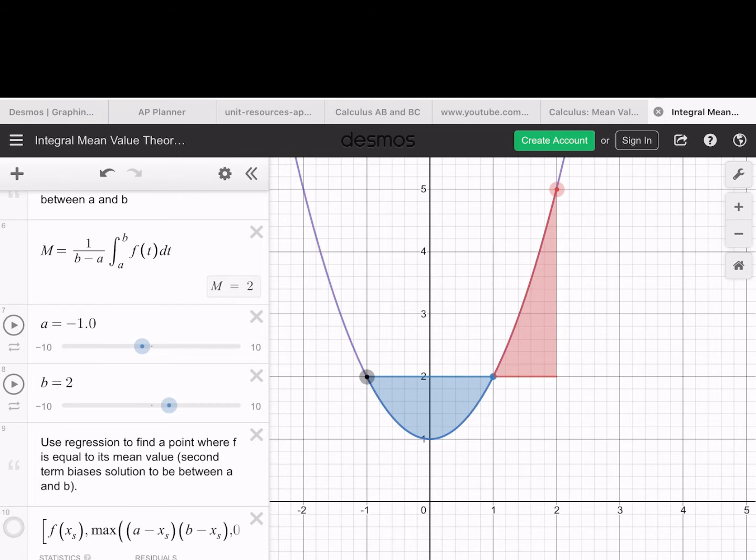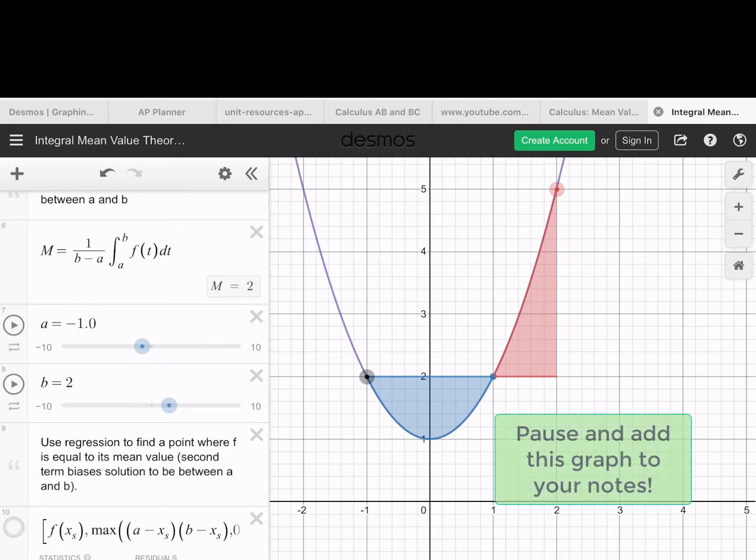I want you to pause this and add this graph to your solution, because in the problem you're asked to interpret the results graphically. So when you do this, make sure to show that the m value, or the height, your f of c, is 2, and this occurs at the c values, x equals -1 and 1. Right there and there. Cool.